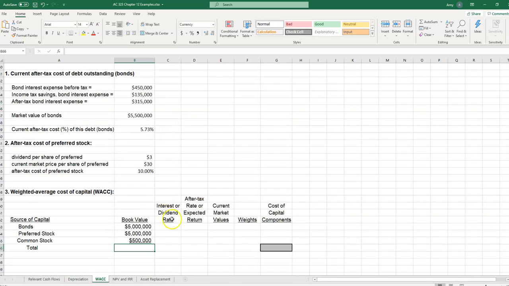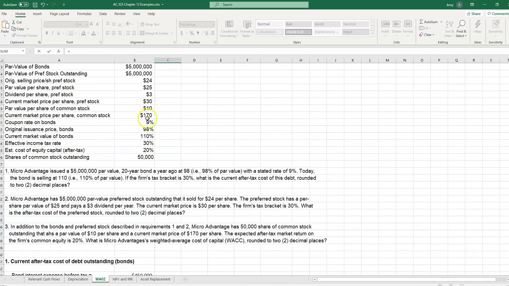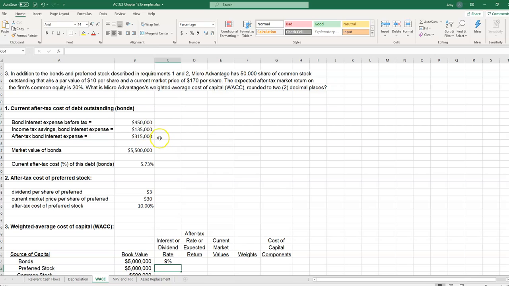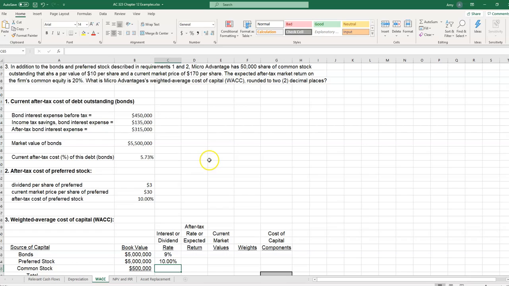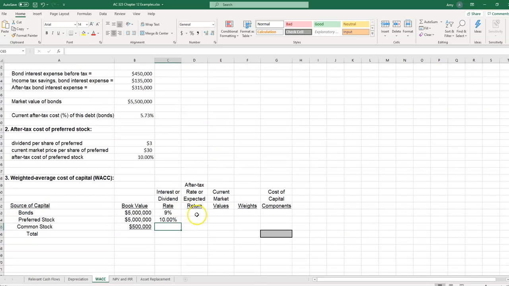We then have our interest or dividend rate. So the interest rate on our bonds is 9%, and our interest rate on preferred dividends is 10%. We don't have an interest rate on our common stock.